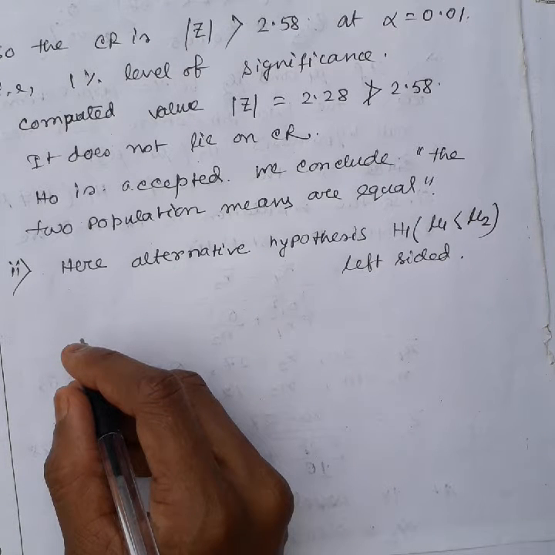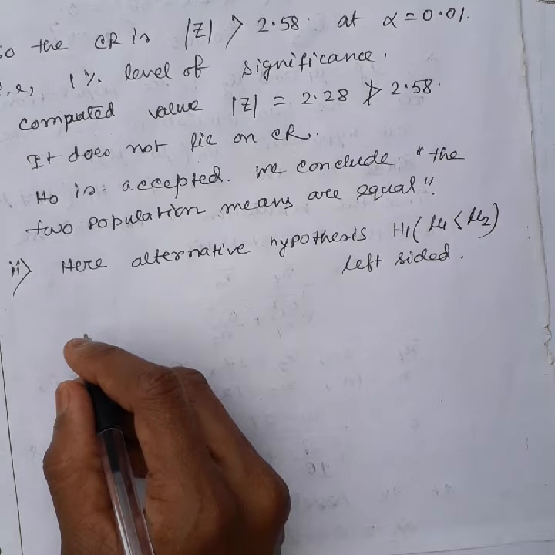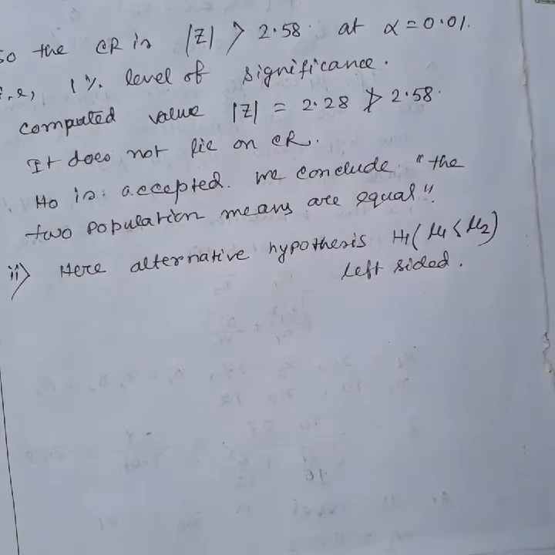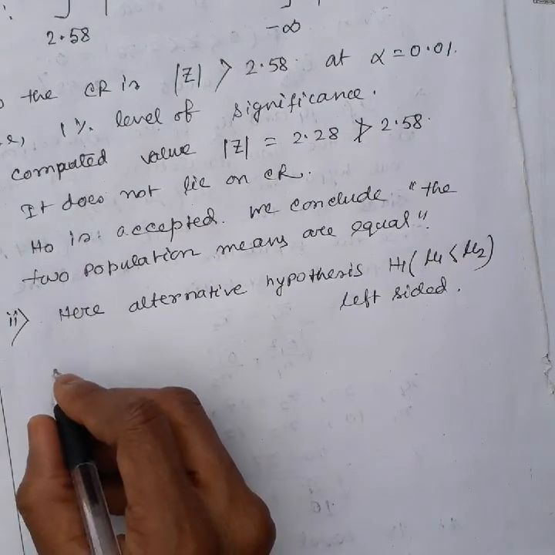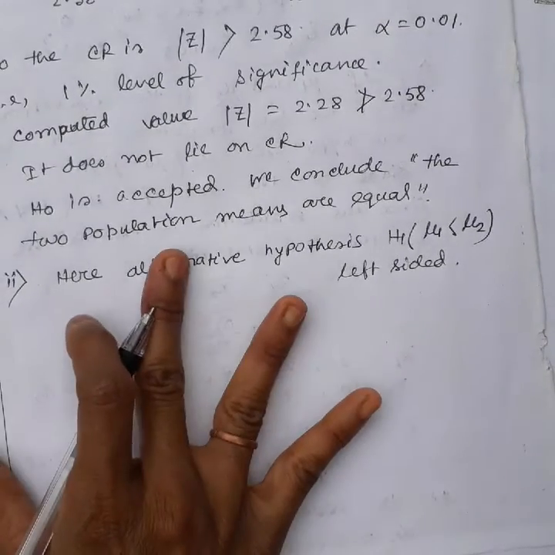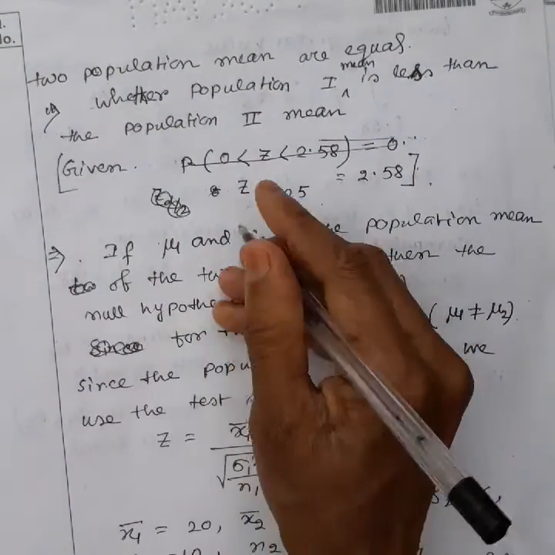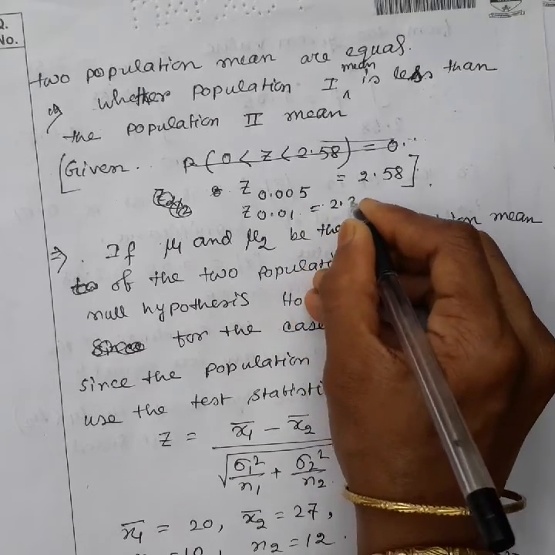From the given value, okay, from the table, here another value you have to take. So z of 0.01 is equal to 2.32.